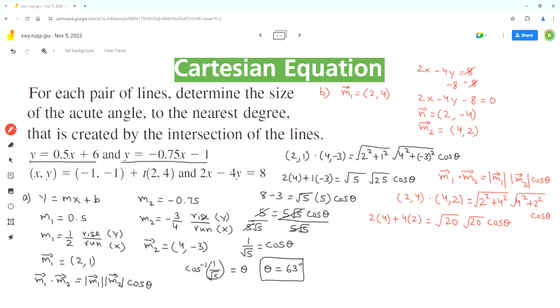Now we can simplify the expression on the left side. Square root of 20 times square root of 20 is equal to just 20. Now we can divide both sides by 20. Now we can do the inverse of cos.